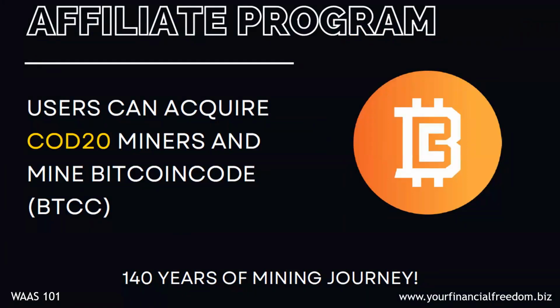This is promising to be here for 140 years. Why? It is using the same structure as Bitcoin. Bitcoin, you could only get Bitcoin by mining Bitcoin. Yes, you could buy it also, but in the beginning, you could only get it by mining.